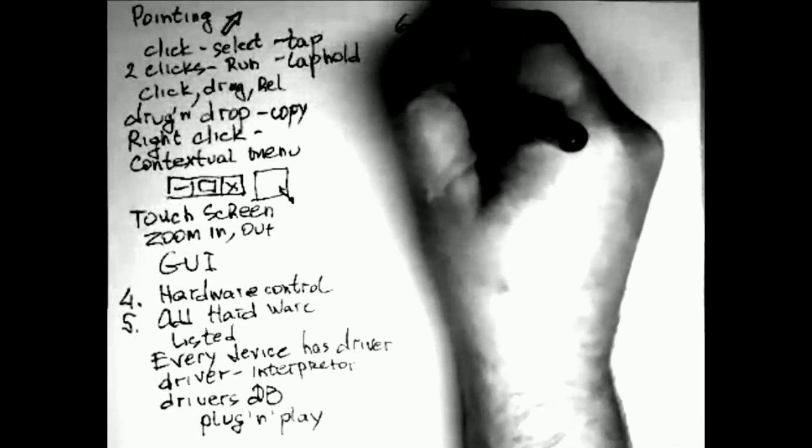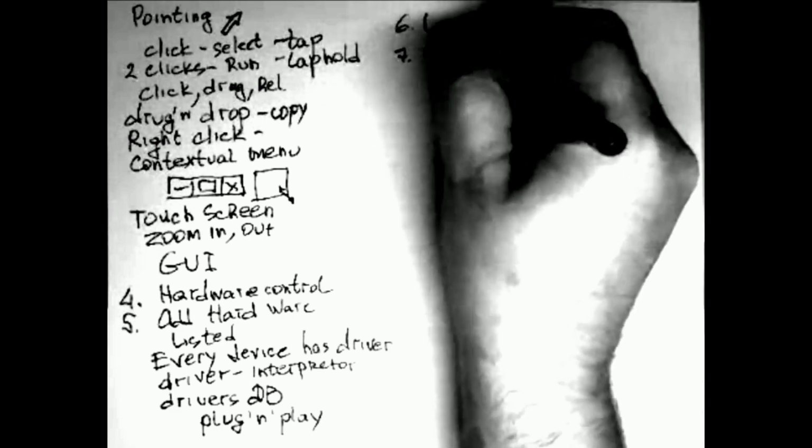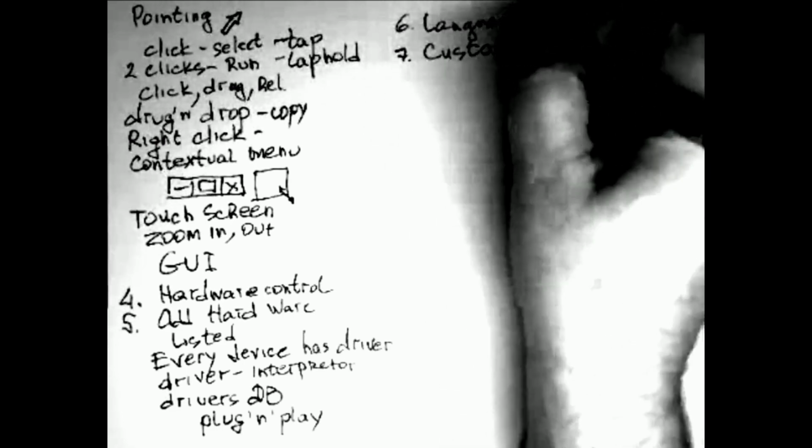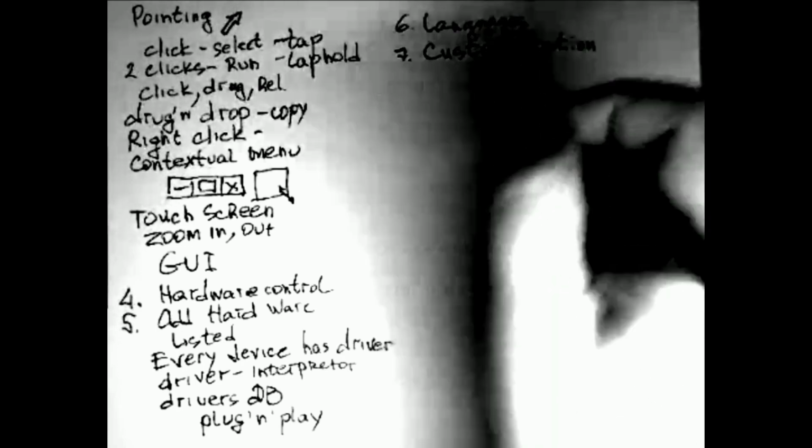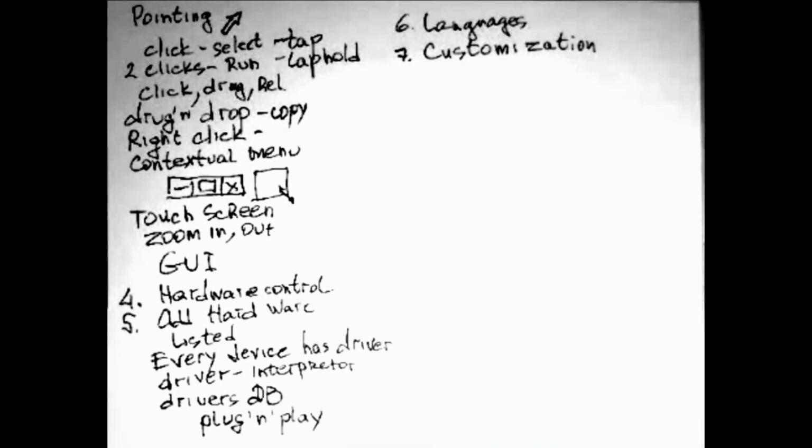Customization, number 7. Customization. Folks, I have spectacles which are plus 4.5. Some people have so-called daltonism.